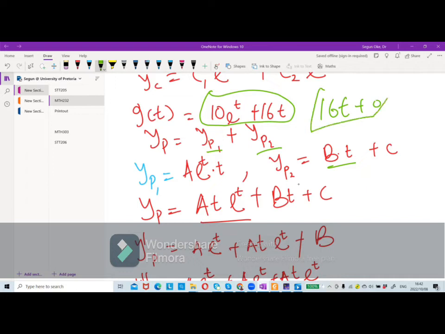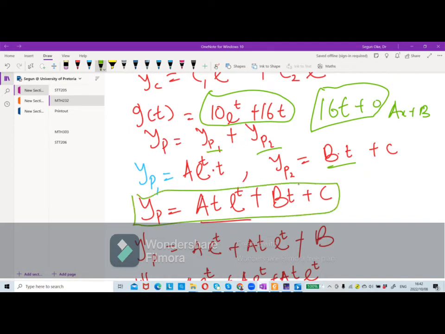So remember 16t on its own is ax plus b. So now that we've used a, we can change it to at plus bt plus c. So when we add the two together, you have your yp in this format.